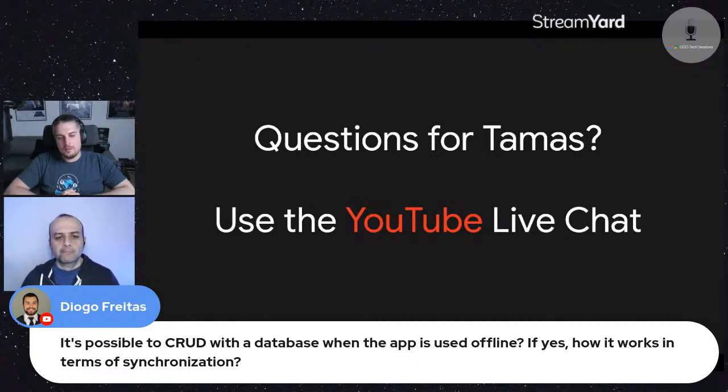Sure. Yes, it is possible. I don't think I can show it now, because I don't think it's working. But I had this app, or I still have it somewhere, which allows you to take a picture using your webcam, even if you're offline. And if you're offline, what happens?